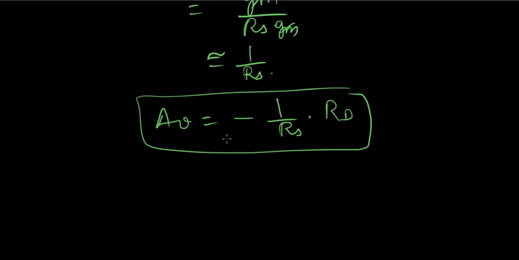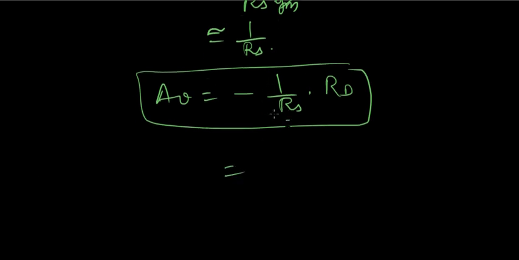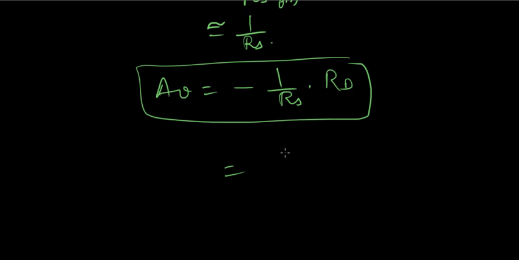Because we need linearity, we're sacrificing gain. If you don't ignore the small GM, we have GM over 1 plus RS times GM times RD. So obviously this is smaller than what we started with. So we're sacrificing gain. That is definitely there, but then we do get linearity.